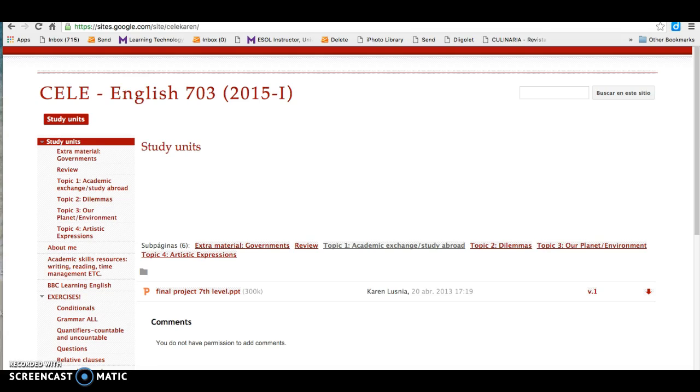This, for example, is from an advanced level English class I have, and essentially this is not a very aesthetically appealing site. It doesn't allow for interaction or collaboration. There is no discussion. There is no possibility for students, at least at this site, to contribute with content.